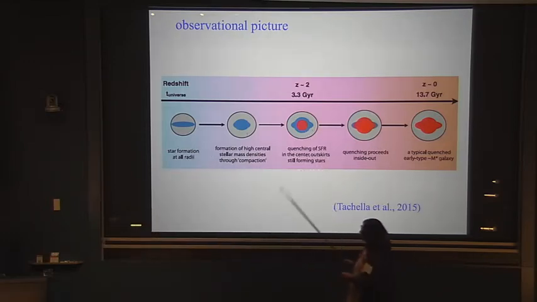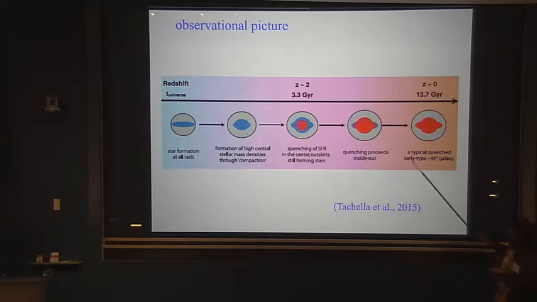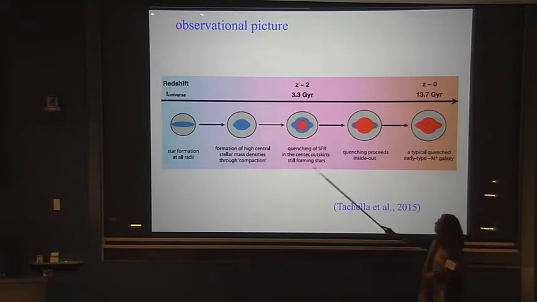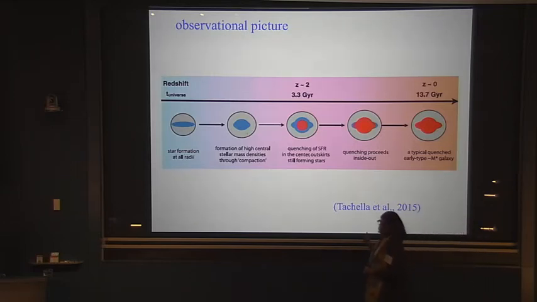And then this is observed, so this is the sequence that's inferred: you see a quenching of star formation in the center, the outskirts could still form stars, and then the quenching spreads out. And so the idea is that this model I talked to you about needs to be refined in order to explain, in tandem, the star formation rate history and evolution in a template nucleus.